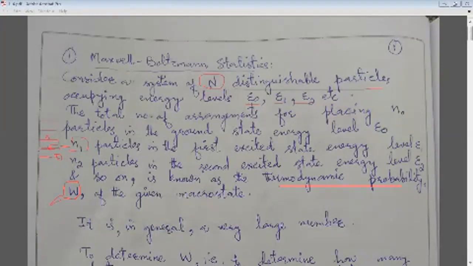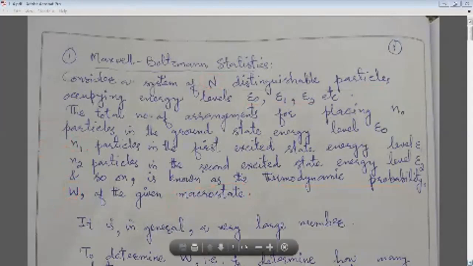So this basically gives the thermodynamic probability of a given macro state. In a macro state, there can be a number of microstates. I have also given you an example regarding this in the previous lecture.